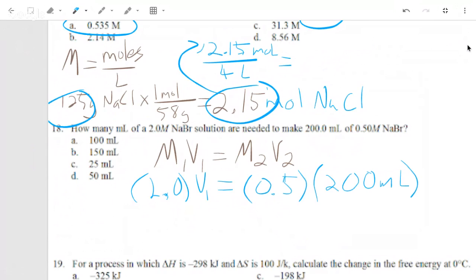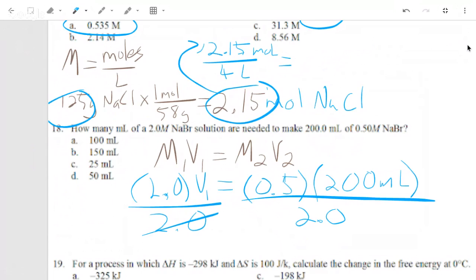So it's 0.5 times 200, that's 100, and then divided by 2.0. We're going to divide each side by 2, so that cancels out. So 100 divided by 2, that's 50. That's it.